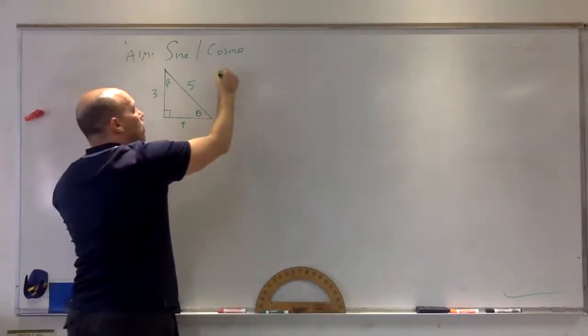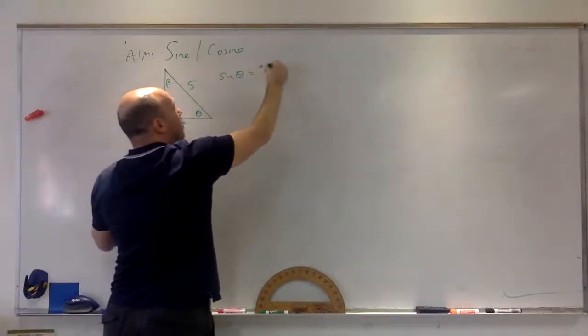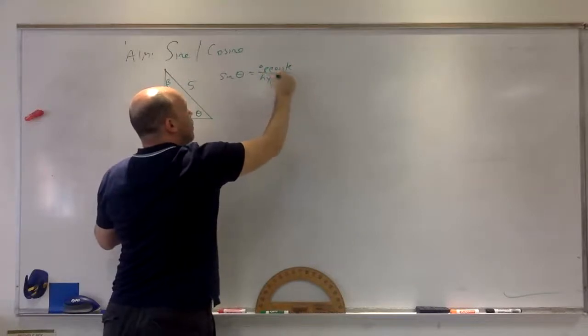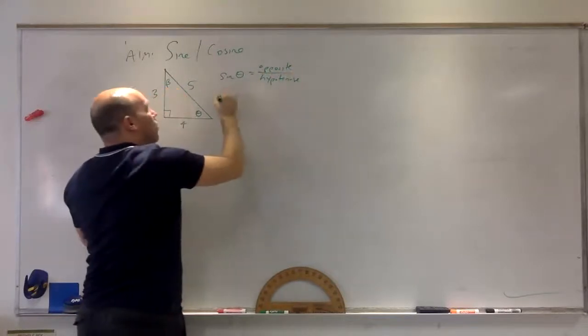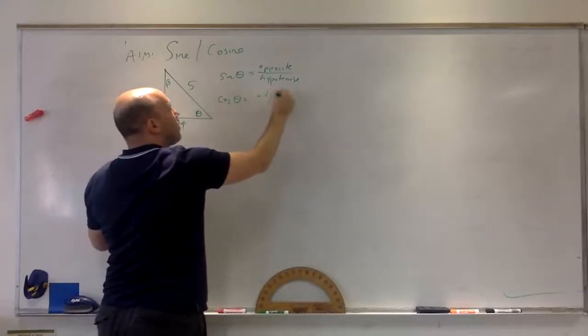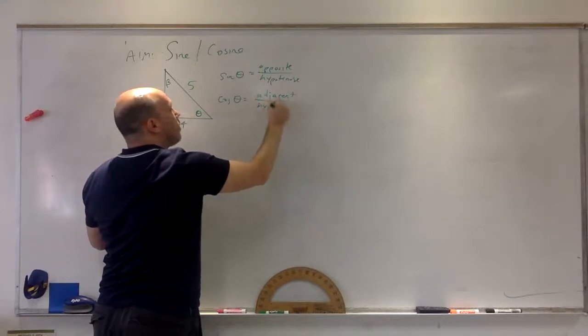And so the sine ratio is equal to opposite over the hypotenuse. And the cosine ratio is equal to the adjacent over the hypotenuse.